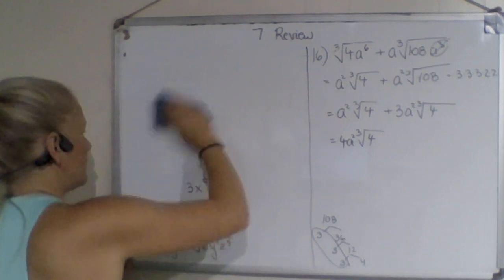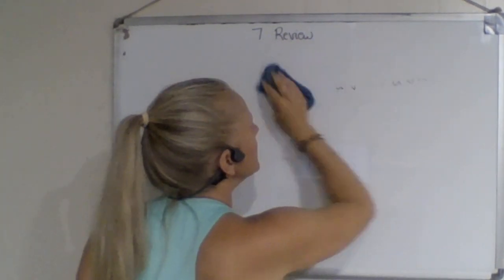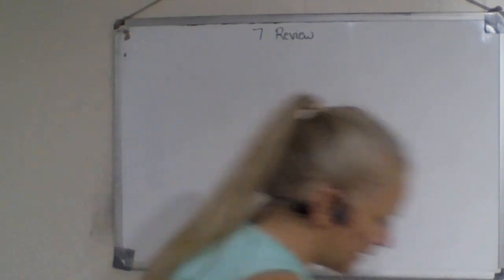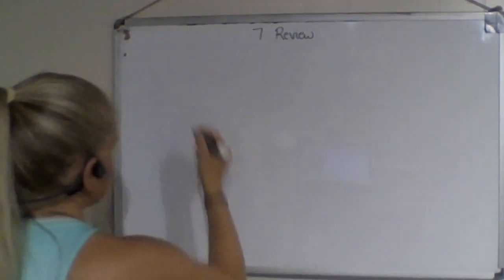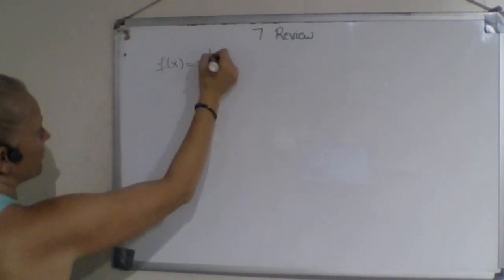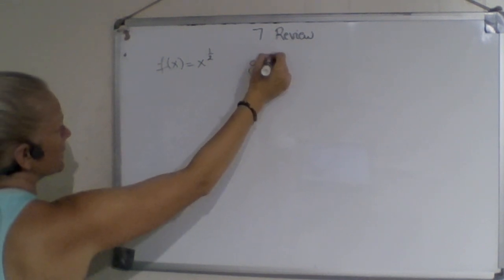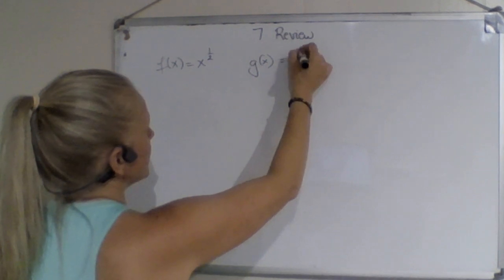We're going to move on to 7.3, which dealt with operations with functions: adding, subtracting, multiplying, and dividing functions. So let's say that we have f of x is x to 1/2, and then g of x is x to the 4th. Let's add them.